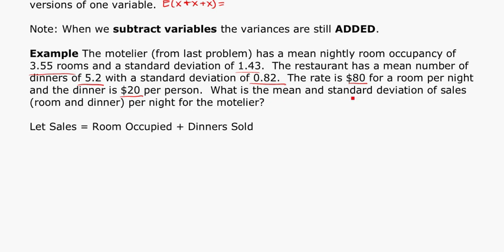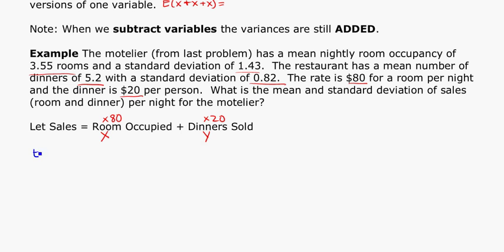What is the mean and standard deviation of sales, which is your room and your dinner, per night for the motelier? So we'll let the sales equal the number of rooms occupied plus the dinners sold, times $80 per room and times $20 for a dinner. And we'll call the rooms X and the dinners Y.